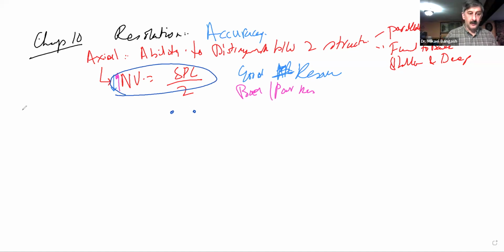Clear? So if the numerical value is greater than the distance between these two structures, that will lead to a bad resolution.